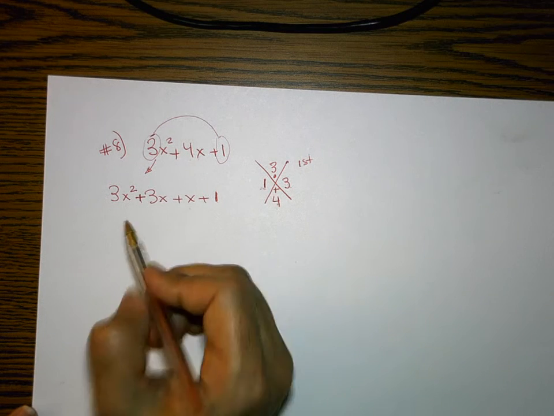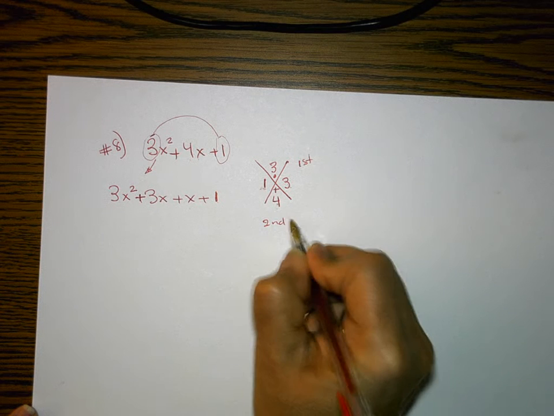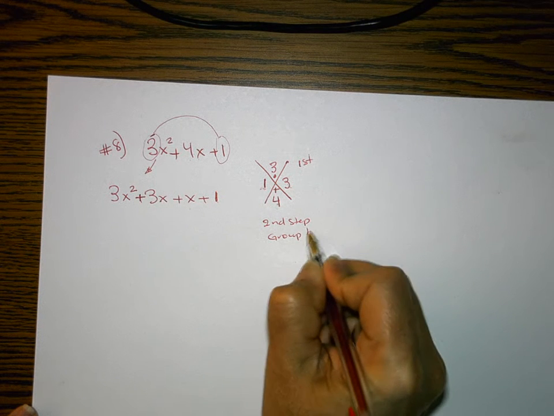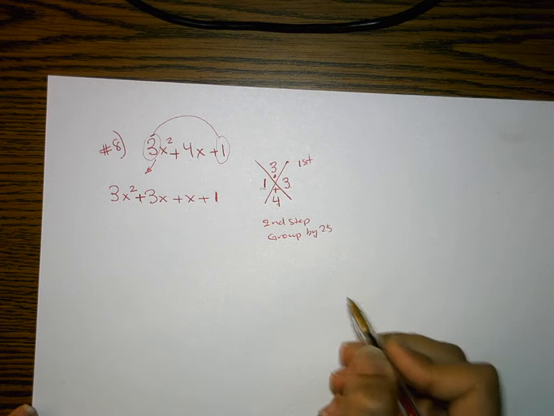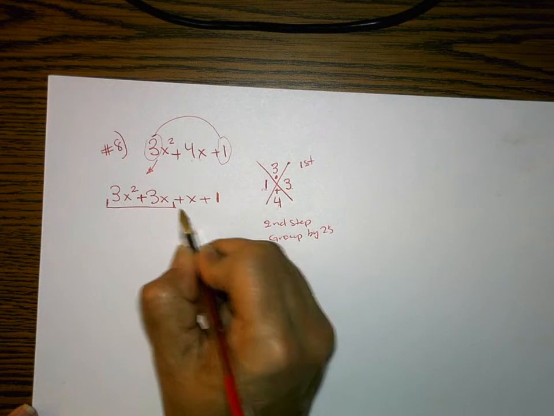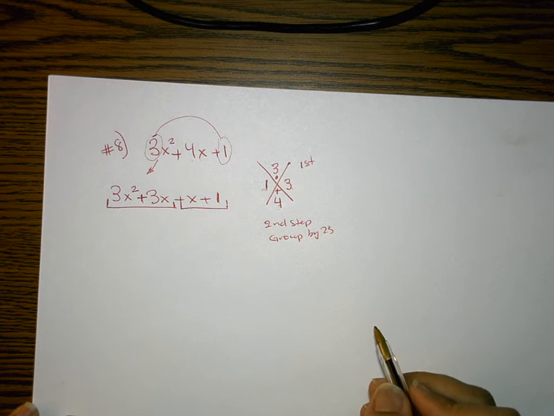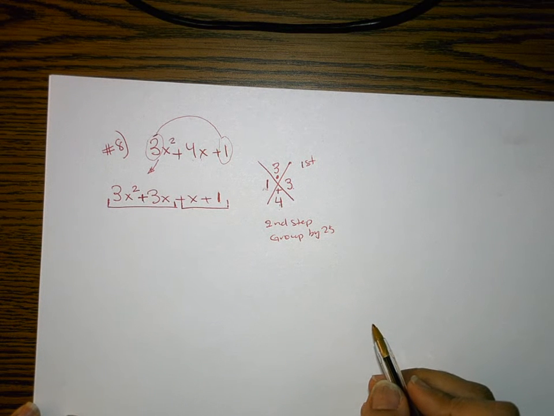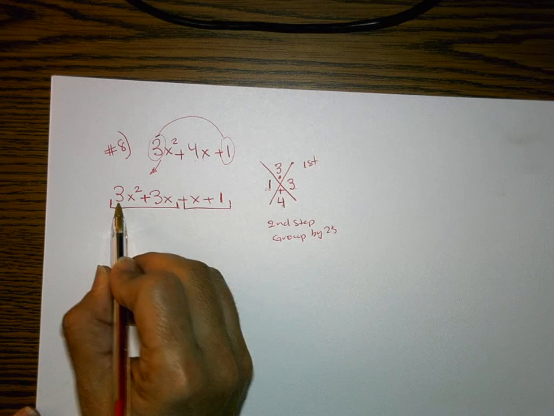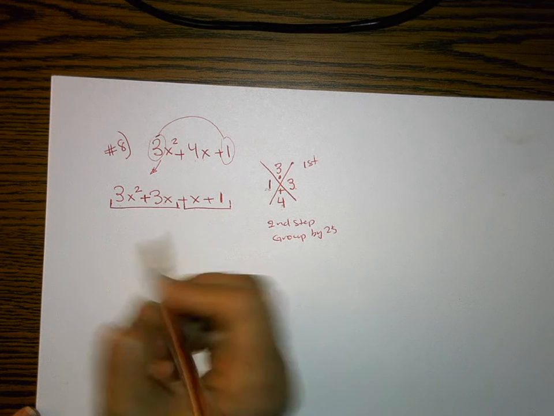Now, the second step is to group them, group by 2's, the first 2 terms and the last 2 terms, and then we start factoring out greatest common factors. The greatest common factor between the first 2 terms is a 3x.